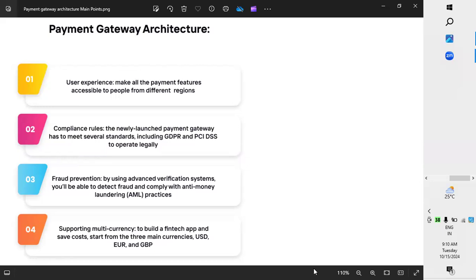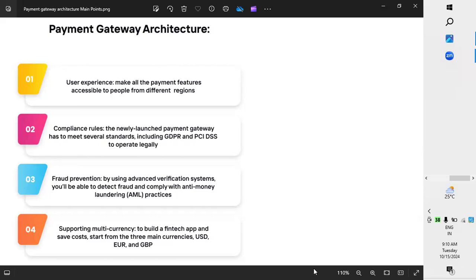The third one is fraud detection, right? There are different advanced verification systems which we use to detect frauds in context to payment related stuff, for example if there are any duplications.